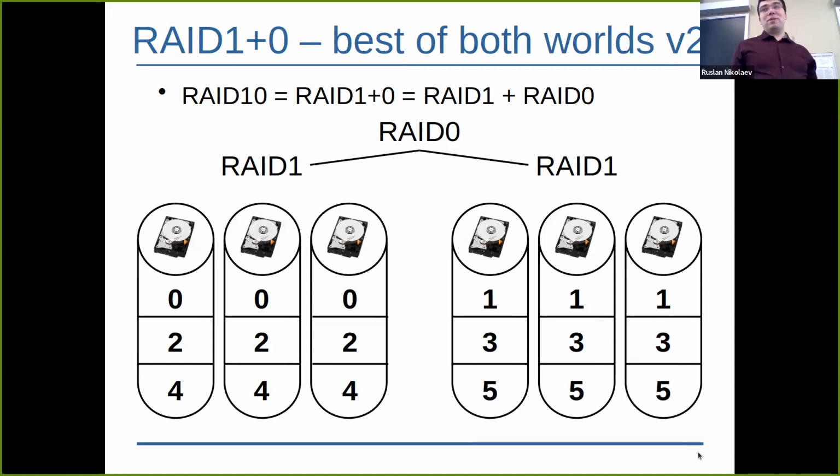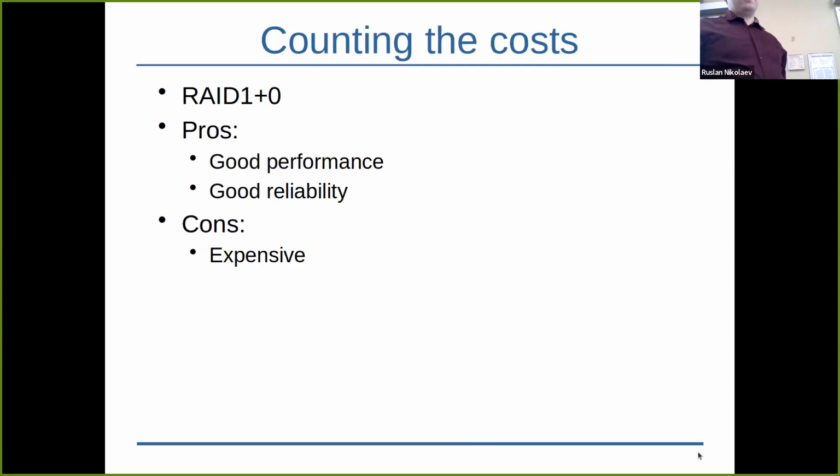So that's going to be RAID 1, 0. The advantage, of course, is that it gives you good performance and good reliability, the good things from both worlds, but it's still expensive because you are still wasting a lot of disks.